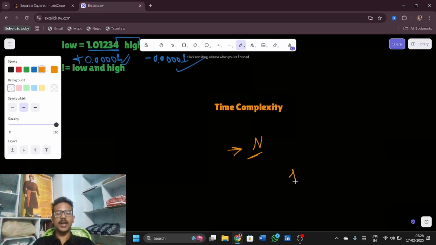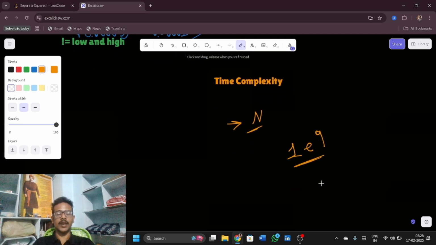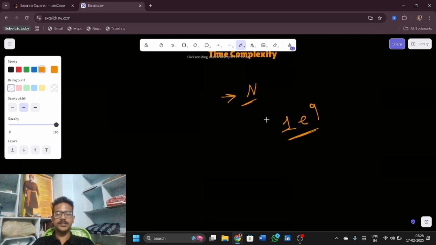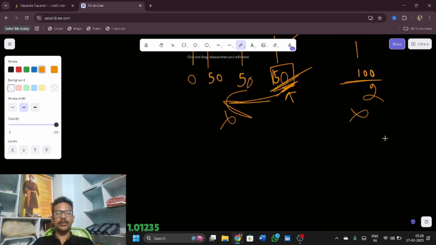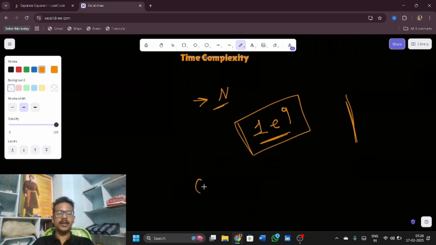The maximum I can get is 1e9, which is the worst-case side length. The high value can be 1e9 and the low value will be 0. Now I can go through the middle.